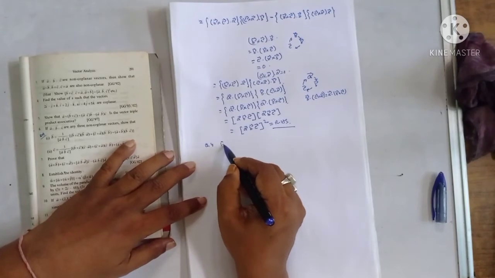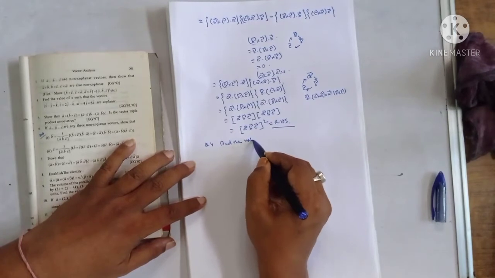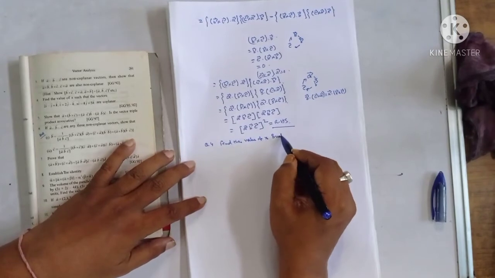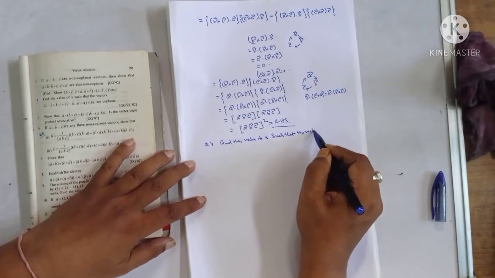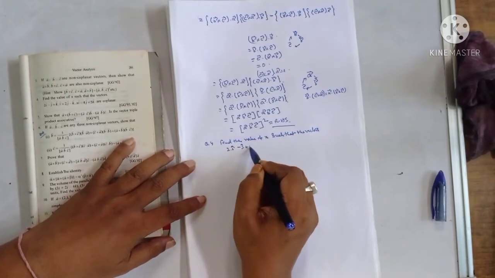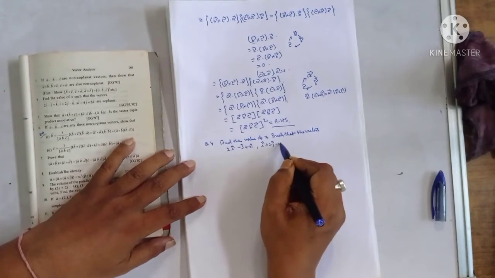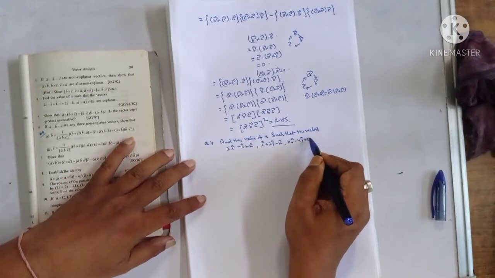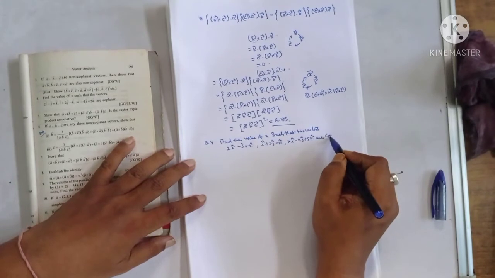That is, find the value of x such that the vectors 2i cap minus j cap plus k cap, i cap plus 2j cap minus k cap, xi cap minus 4j cap plus 5k cap are coplanar.